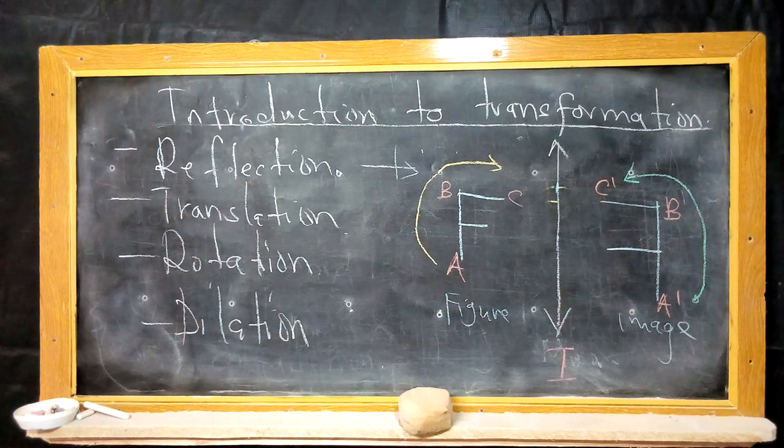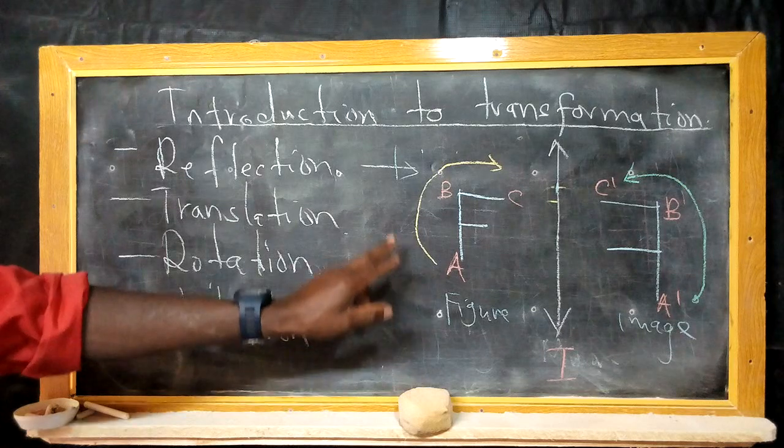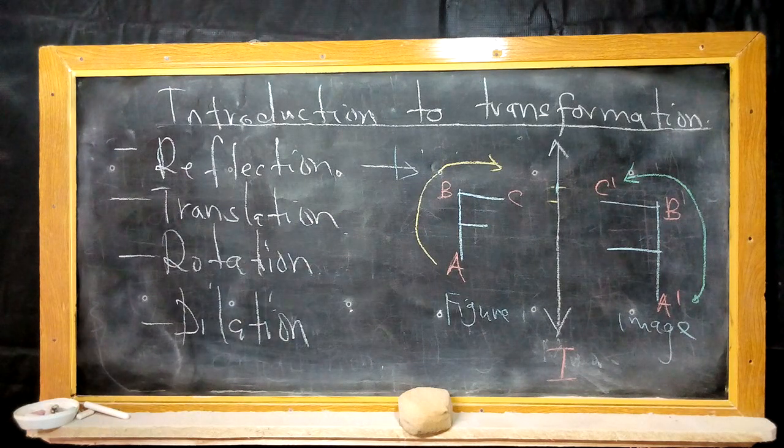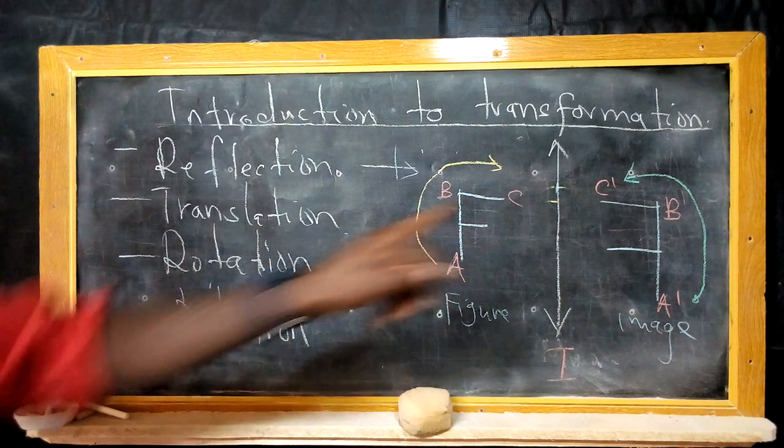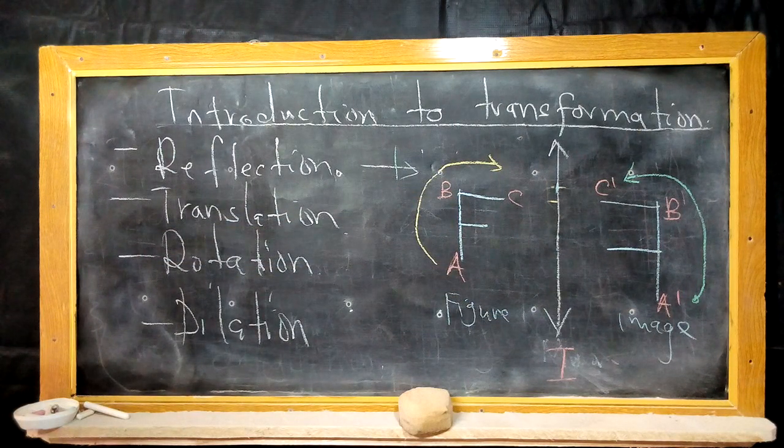So for the first case, the traveling direction of that insect will be clockwise, while for the image, the insect following the alphabetical order will go counterclockwise. So for reflection, the orientation has changed, and that can be demonstrated like that.